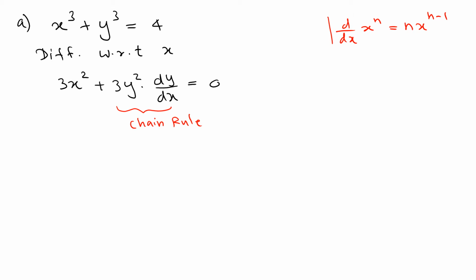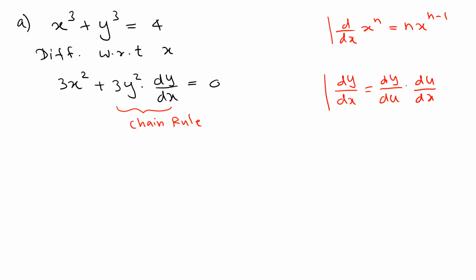If you recall the chain rule, if you want to take the derivative of y with respect to x, we rewrite this function using a u variable. It's dy over du, the derivative with respect to u, and then we multiply by du over dx. That's the chain rule, and that's exactly what happened here.